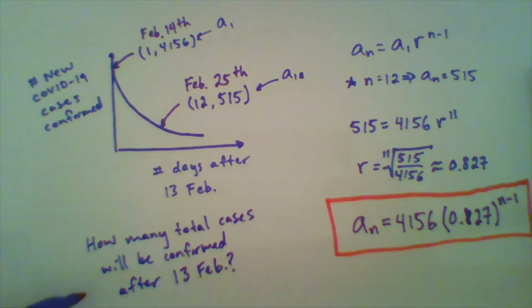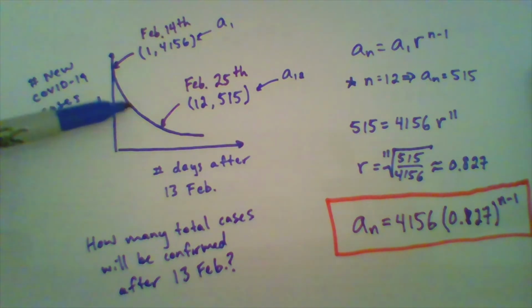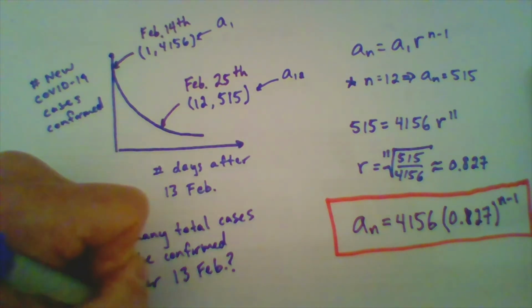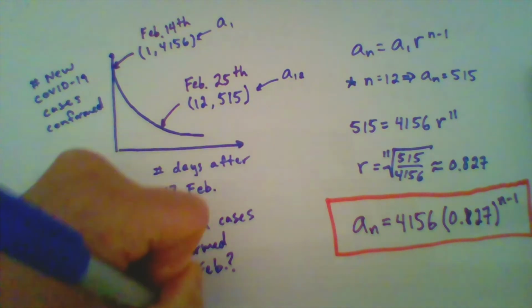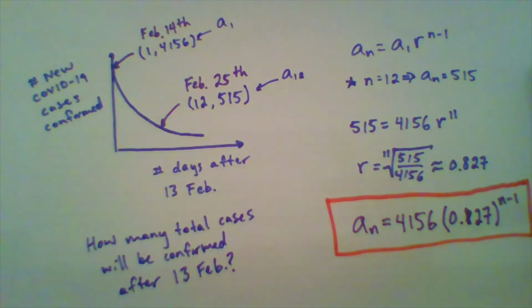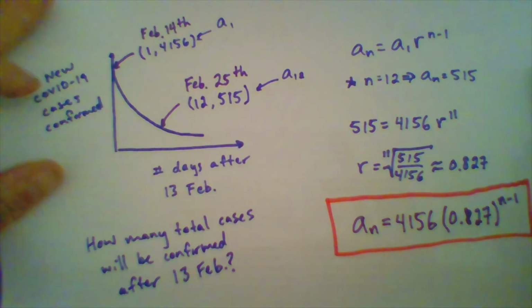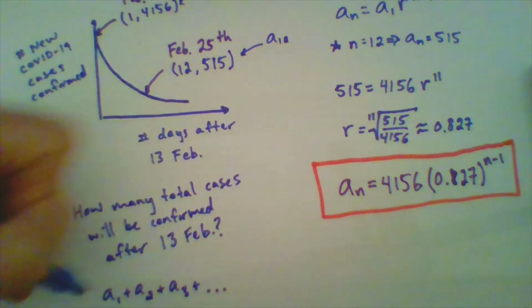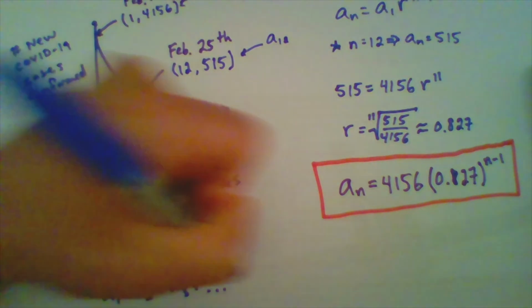And the reason we can ask that question is because if you know the number of cases on the 14th and the 15th and the 16th and the 17th and the 18th and so forth, so if we're adding up a1 plus a2 plus a3 and so forth, if we imagine that we do that infinitely long, we can model that using an infinite sequence. So we can answer the question, how many total cases will be confirmed using our model. Okay, so this would be the infinite sum right over here.